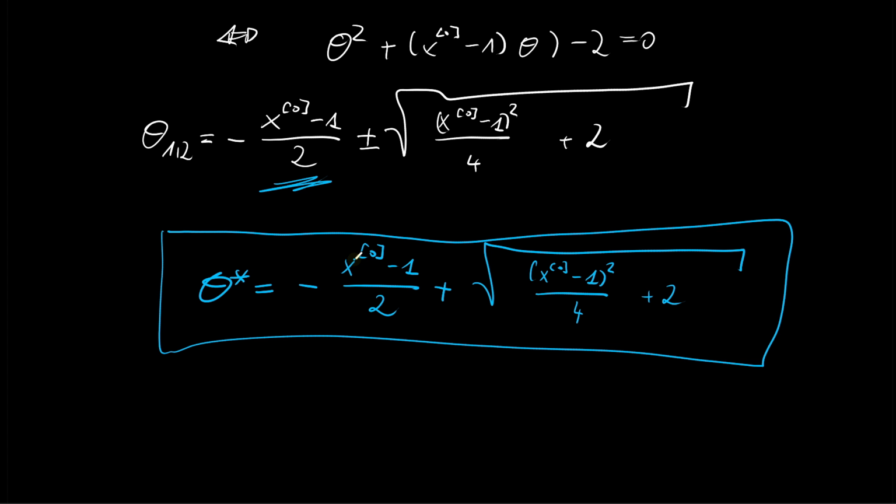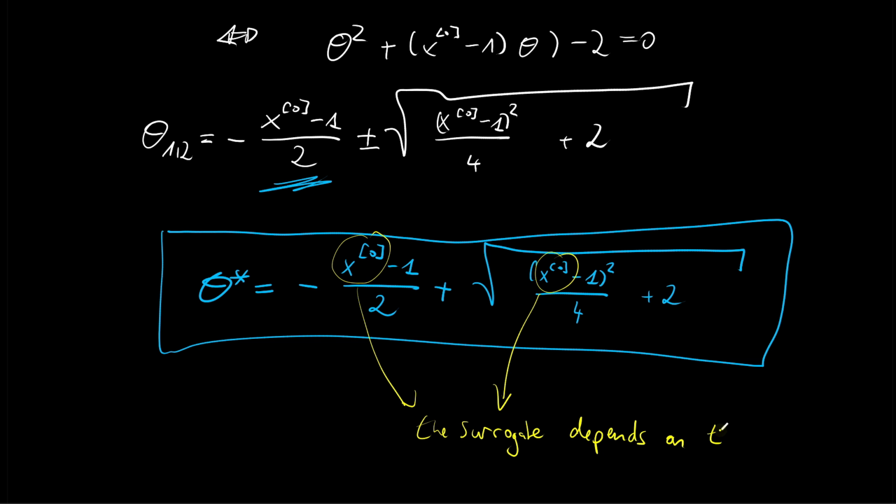Again, to remind you, that is the optimal parameter to our surrogate posterior. To highlight this once again, it depends on the data. So the optimal value of the parameter to the surrogate depends on the data.